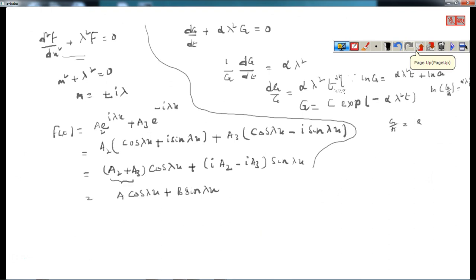That's how it becomes this form. Okay, clear? This is minus, right? Therefore e to the power minus alpha lambda square t, and g is equal to C, instead of A, I will use C here. Therefore g is C into e to the power of minus alpha lambda square t. This is the solution.